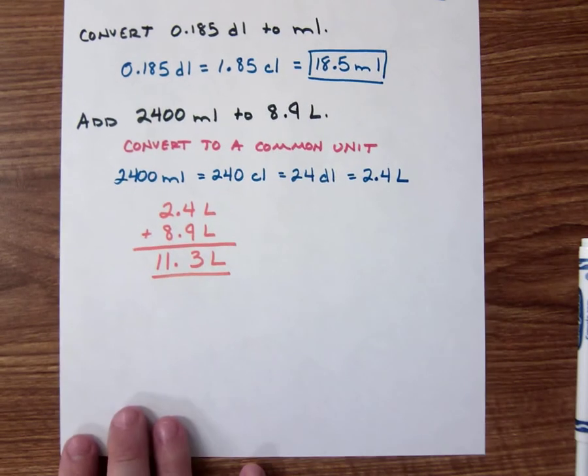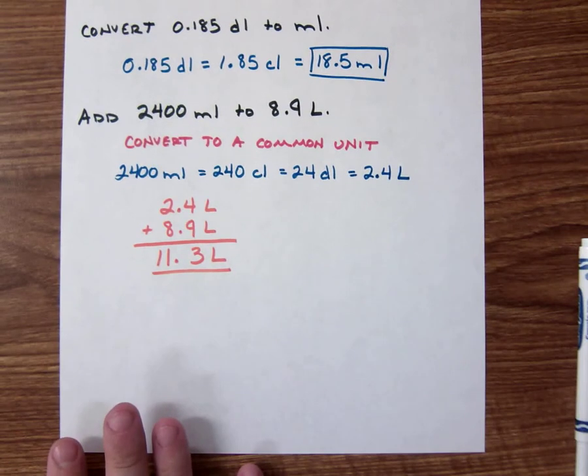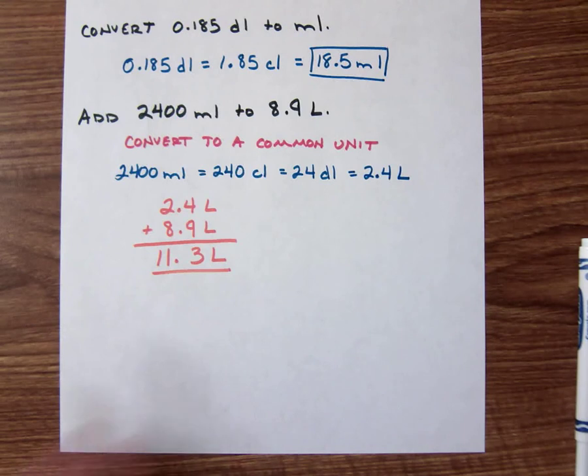Okay, you're adding your 2,400 milliliters to your 8.9. Correct. But it almost looks like you're converting it to 8.9 because you put "to" instead of just the plus sign by itself.